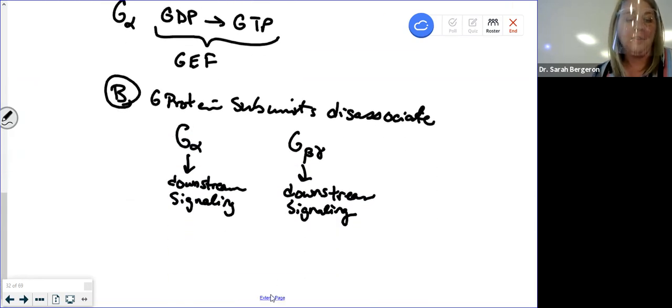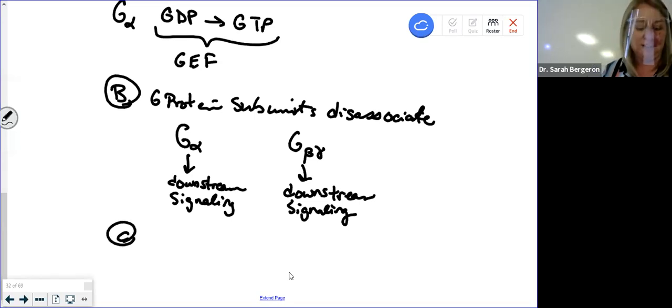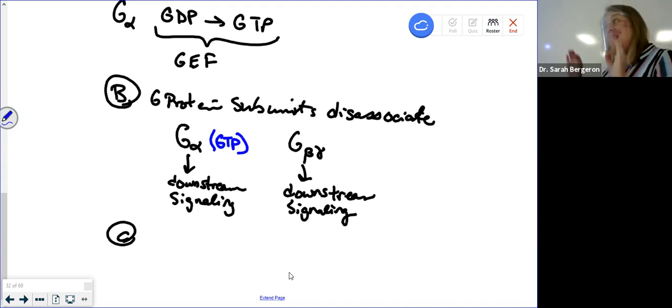Okay, so what happens next? I want to turn it off. Right now, what is this G alpha bound to, GDP or GTP? GTP. When it's on, it's bound to GTP. So in order to turn it off, what do I need to do? Turn it back into GDP. That's an intrinsic ability of the G alpha subunit, but it needs to be stimulated.